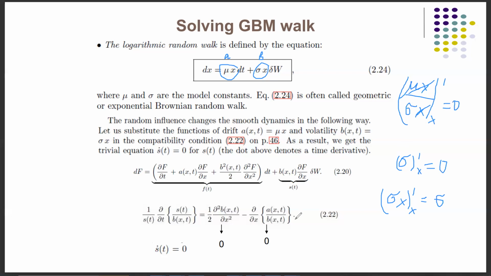So in this equation, you see that the right side equals 0, and on the left side it is a product of this by this, so it is not 0. So the derivative with respect to t from s equals 0.